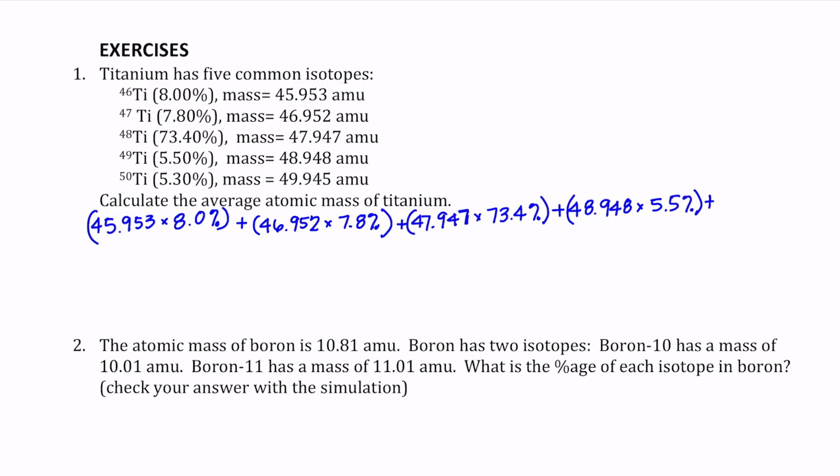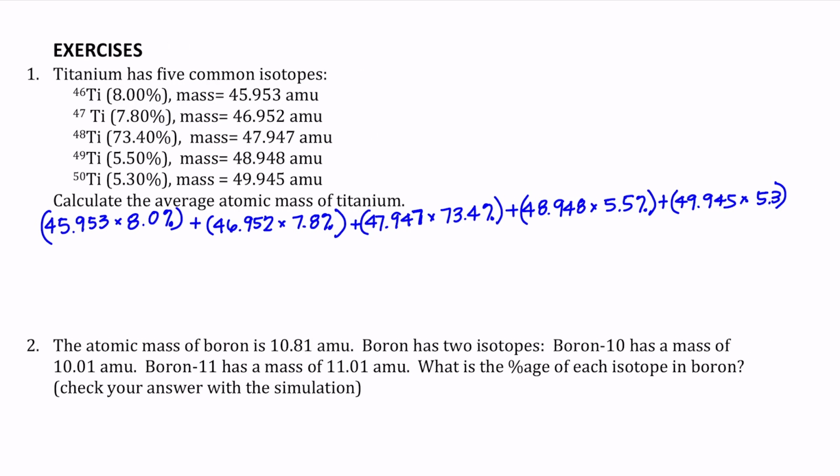And our last isotope, titanium-50, is 49.945 times 5.3%. Okay, so a couple things.